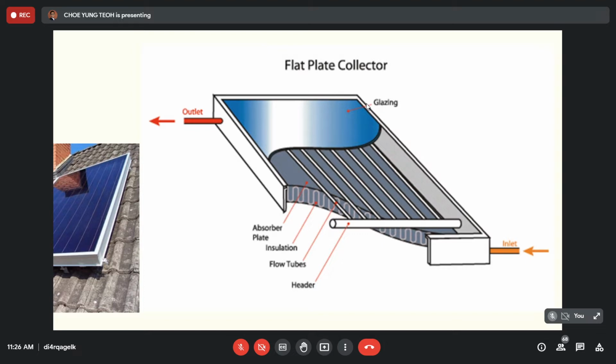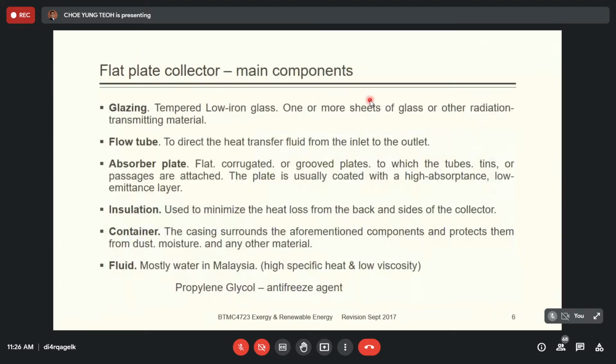Because it has higher strength, so you can use quite thin glass to make the glazing. If it is untempered glass, to have the same strength you need thicker glass. So we want to make it as thin as possible and as transparent as possible, so we use low iron glass. Maybe I can show you a photo here.